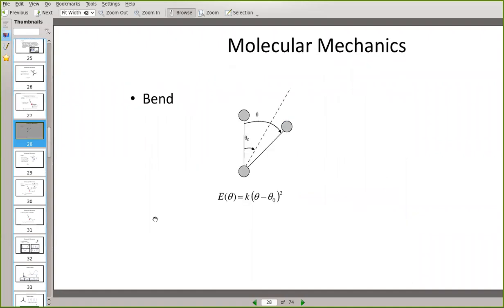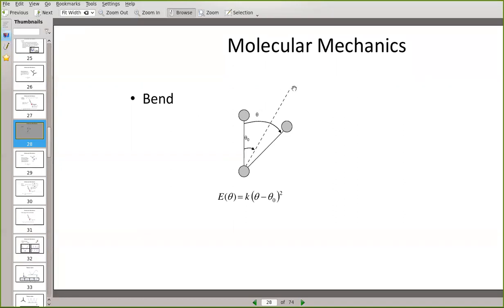Okay, that's the first term. But of course, we have to deal with angles in a similar manner, because you could have your bonds absolutely perfect but have the angles incorrectly organized.